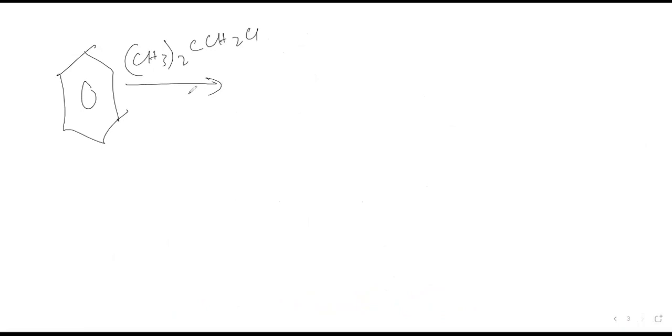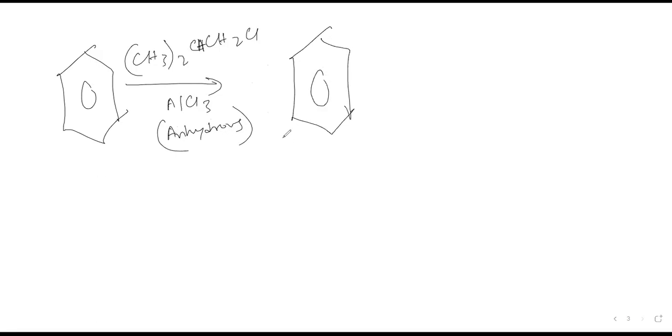Okay, and sorry, there is a CH. It should be CH. And now we are adding anhydrous AlCl3. I always miss anhydrous and hydrous. And we have, let's say, this is the product.